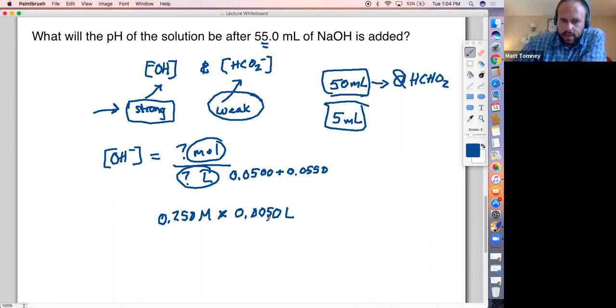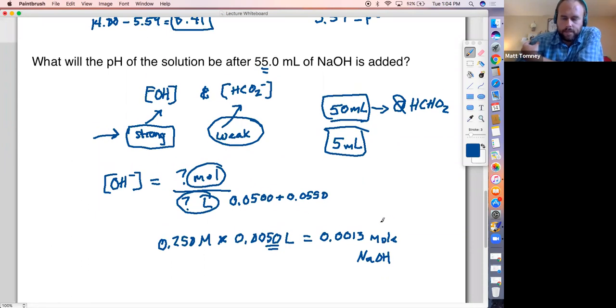Looking at the fact that I have 2 sig figs here from the 5, my answer will have 2 sig figs. And if you calculate that and round, you're going to get 0.0013. Okay? And that is moles of sodium hydroxide that's currently sitting inside of the flask we're titrating.